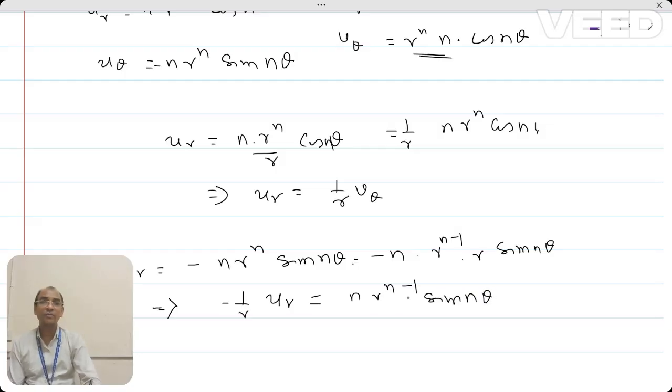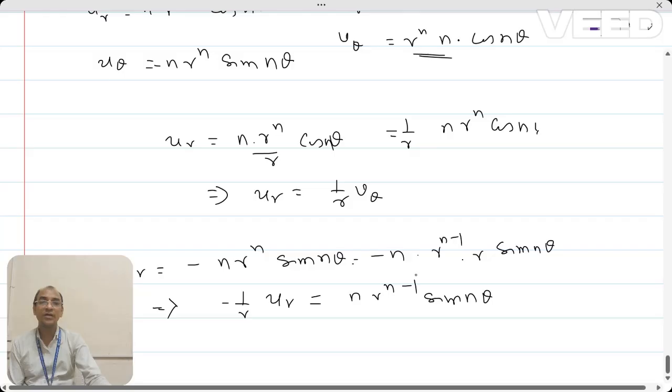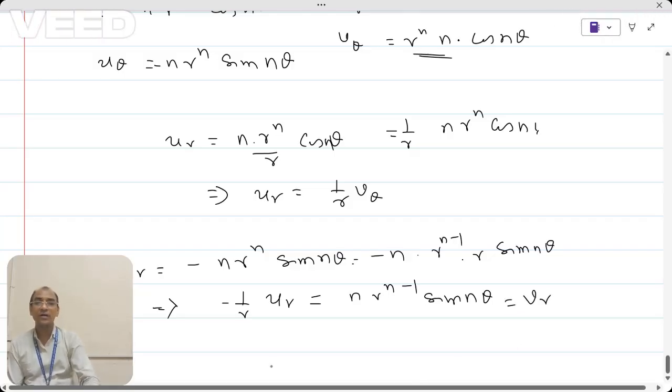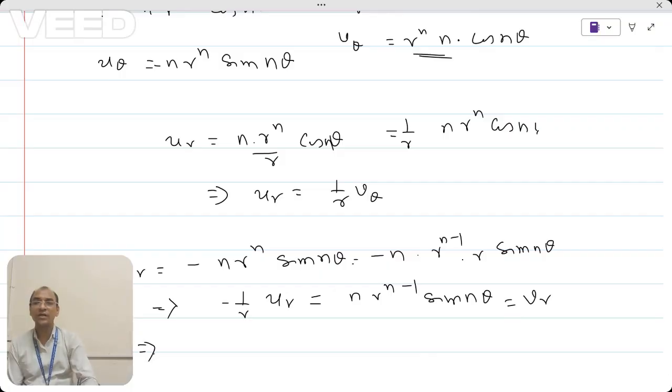But n r to the power n minus 1 sin n theta is nothing but v r. So you will see that v r is equal to minus 1 by r u theta.